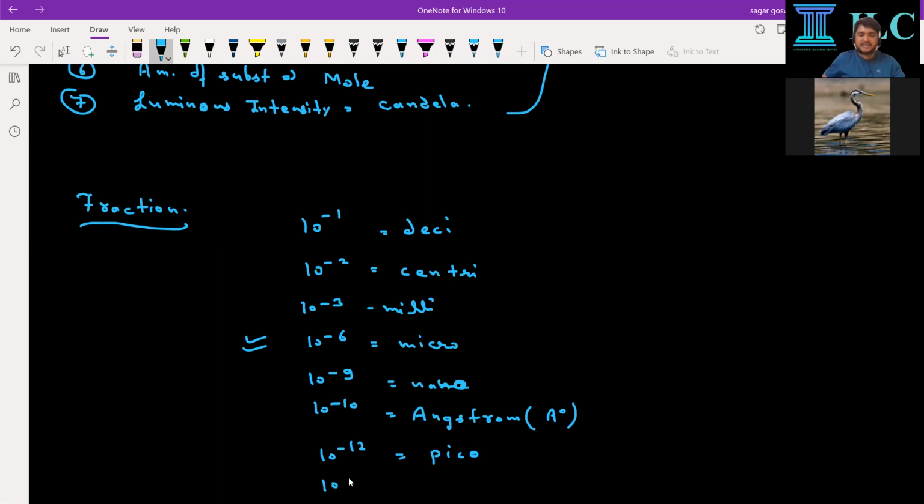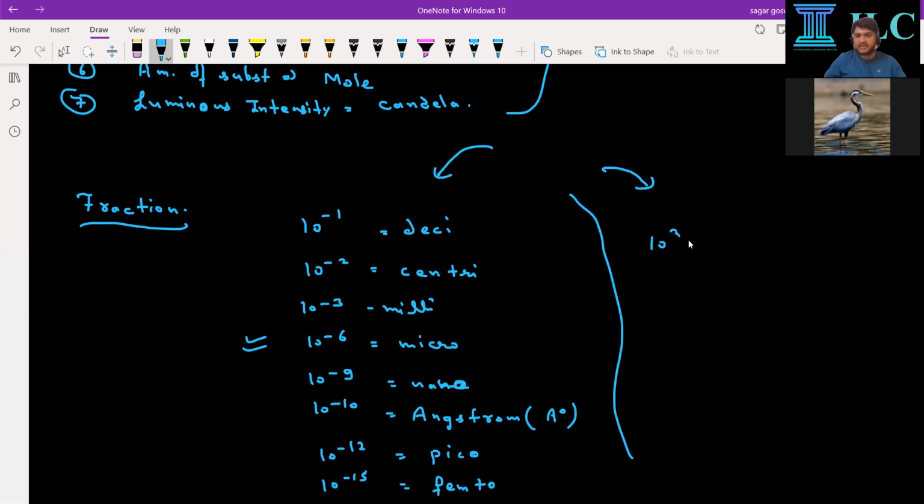And 10 raised to power minus 15 is femto, used for measuring very small things like atoms, electrons and nucleus. These measure the small things. But if I say macro, like very large things, then 10 raised to power 3 is kilo.